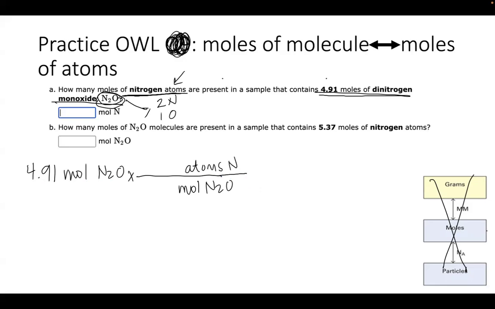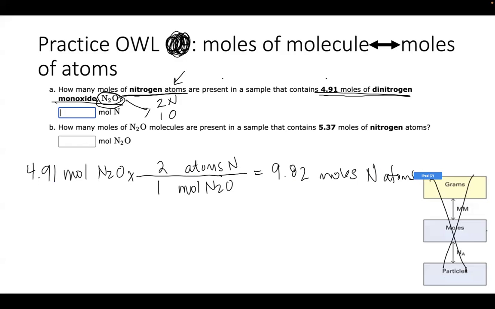So there's 2 nitrogen atoms in every one compound. Okay? And so then that's just a matter of multiplying 4.91 times 2, and you get 9.82 moles of nitrogen atoms.